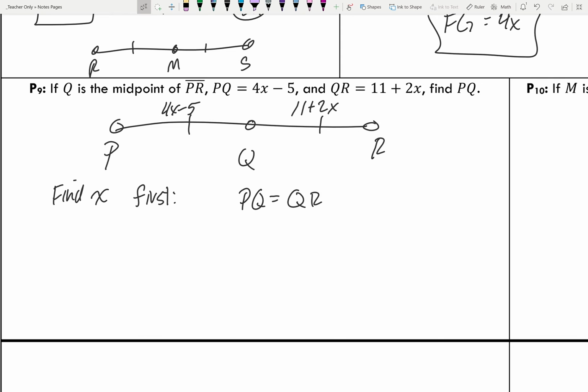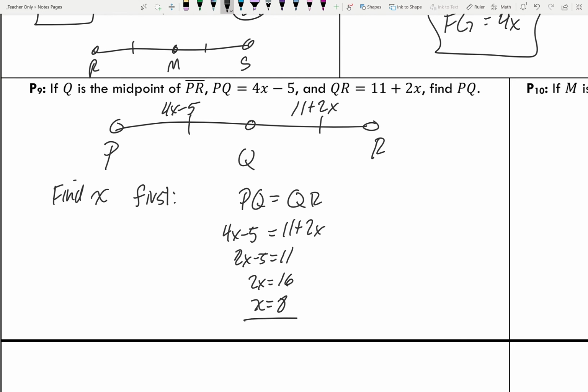So plug in what I have for those two and see if we get a good equation to find x. 4x minus 5 equals 11 plus 2x. From here I can without a doubt solve for x. Subtract 2x from both sides, I get 2x minus 5 is 11. Add 5 to both sides, so 2x is equal to 16. So x is equal to 8.